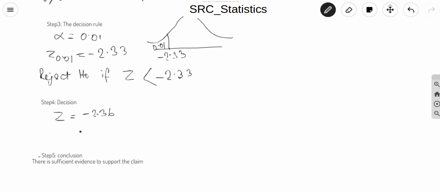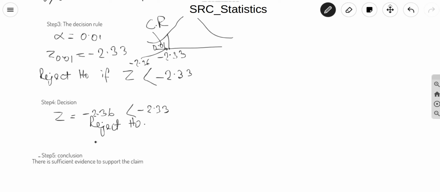So we go to step 4 and we can see that negative 2.36 is less than negative 2.33, because 2.36 will be somewhere here. So negative 2.36 is in the critical region. So what is our decision? We reject the null hypothesis.